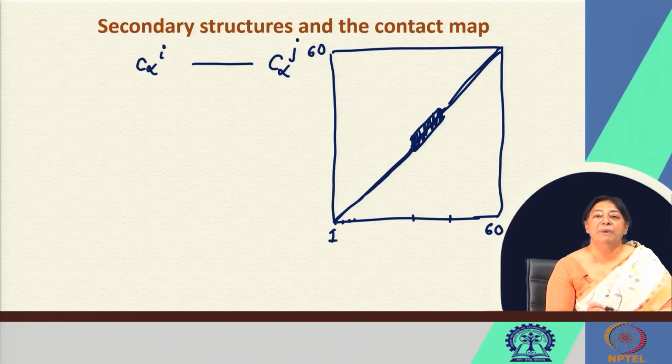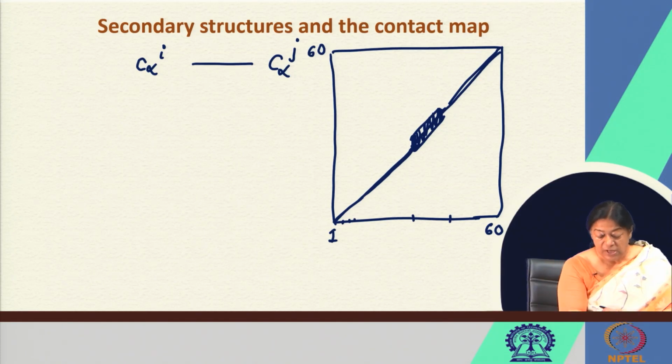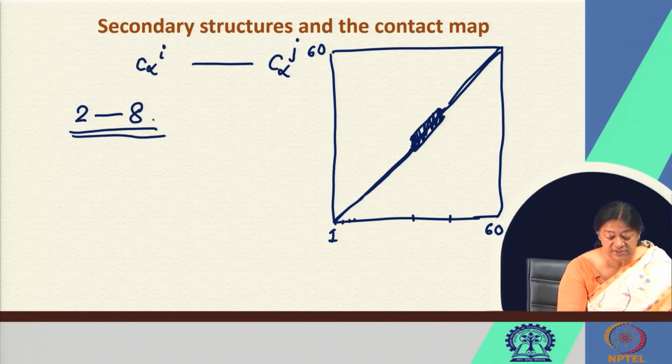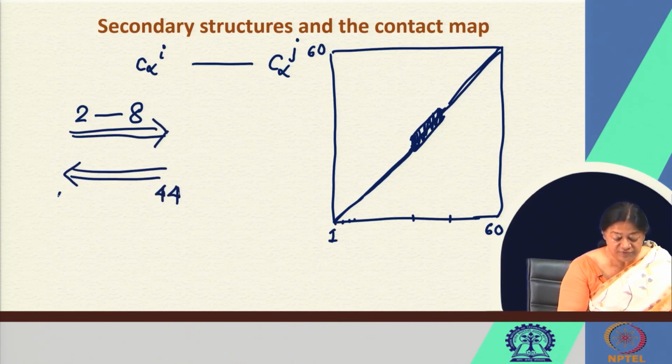When we are looking at the parallel and the anti-parallel beta sheets, let us see what we see. Say I have an anti-parallel beta sheet, where one strand is from 2 to 8 in this direction, and another strand, say 44 to 52, is in this direction.